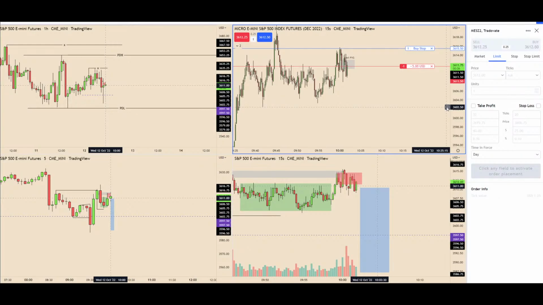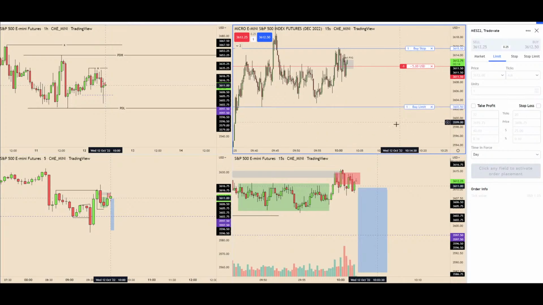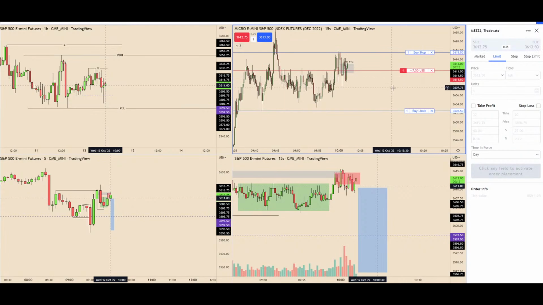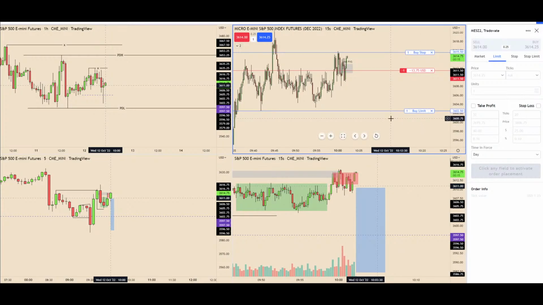Not nice. Yeah, it's super choppy today. We'll see what happens. I normally size with 5 to 10 contracts of micros, so I don't really care too much about this, to be honest. It'll probably stop me out.